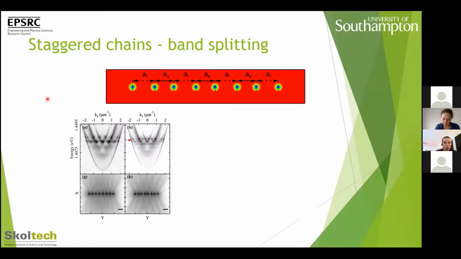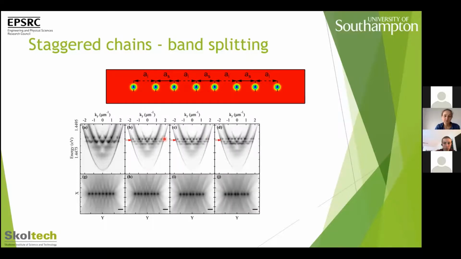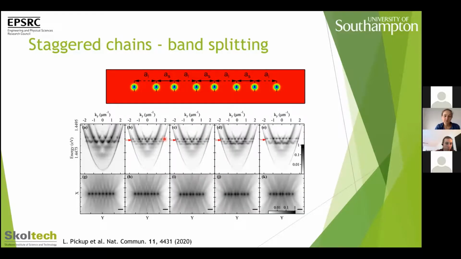And by doing that, what happens is these bands of energy split, and a new band gap is opened, and it comes along with this doubling of the periodicity of the corresponding bands as a function of the crystal momentum. By increasing the level of this staggering, we can controllably open this band gap all the way until the adjacent bands start mixing with one another.